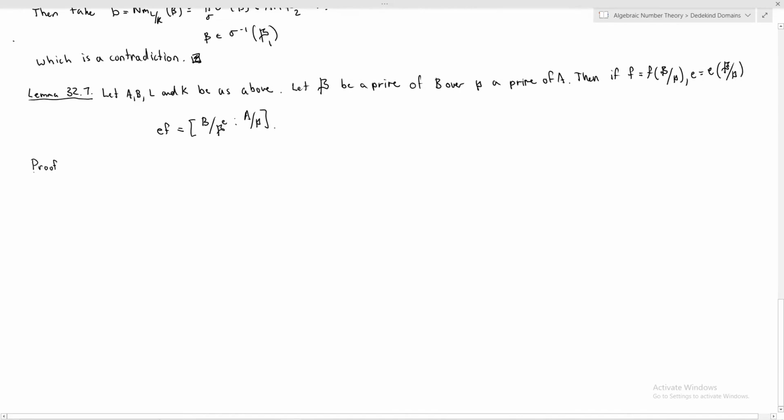Proof. Basically, you look at the following chain. Start with B, then you look at 1 power of P, then 2 powers of P, all the way down to E powers of P. And you want to look at an arbitrary quotient.